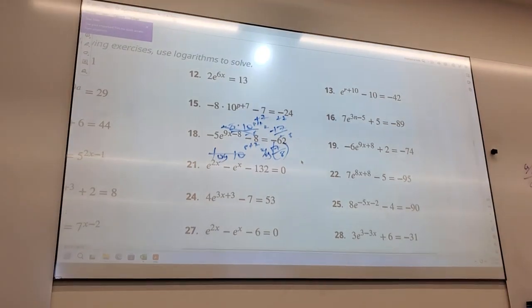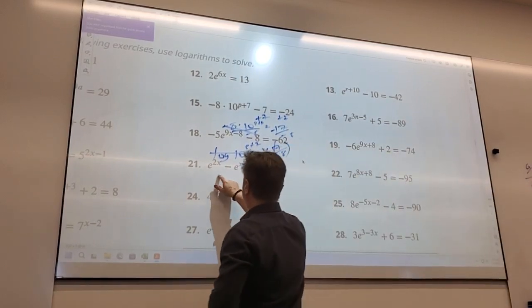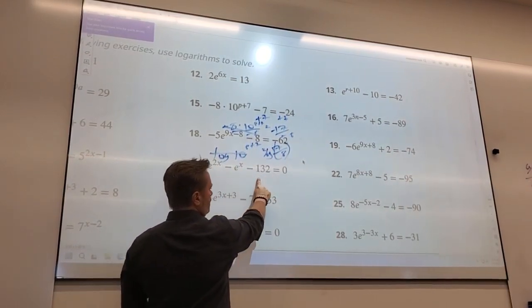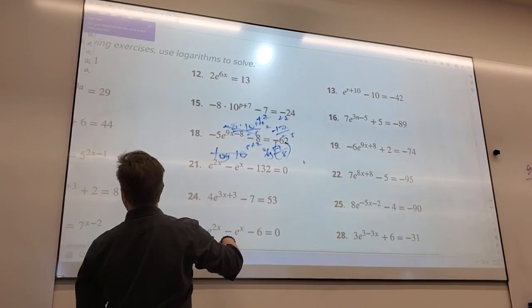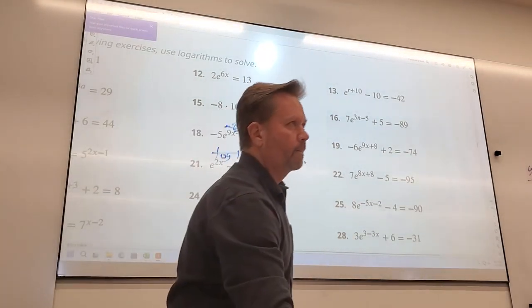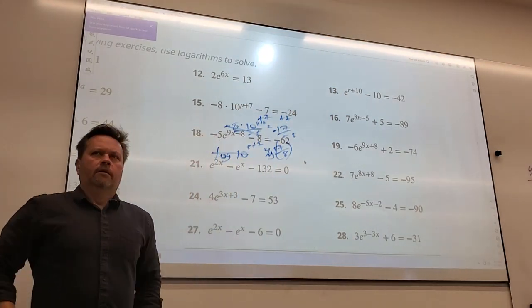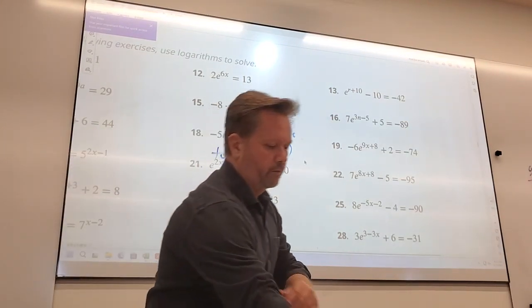So that's basically the way all of those work, except look at number 21. That's the one I expected questions on. 21, 27, these kind. So let's do a real quick review.